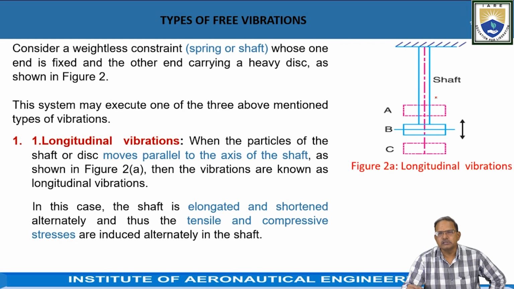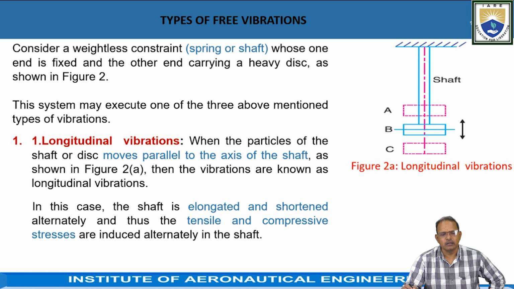In longitudinal vibrations, the body oscillates along the axis of the shaft. Assume the shaft is suspended freely, having negligible mass. A disc is attached at its end at position B as shown in the figure. When an external force is applied to disturb its position from the equilibrium position and then released, it executes vibrations.